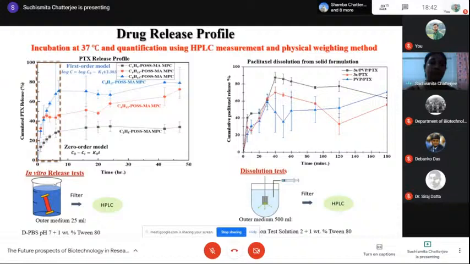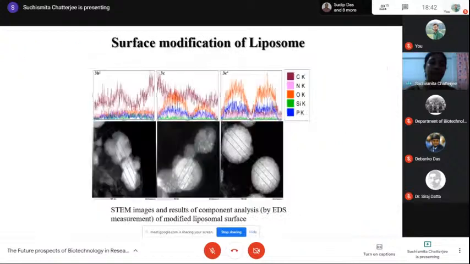So all of this is very much correlated, and the knowledge I got from my basic study time, at the biotechnology BTech level, is very important. Here I also performed some modification of liposome.